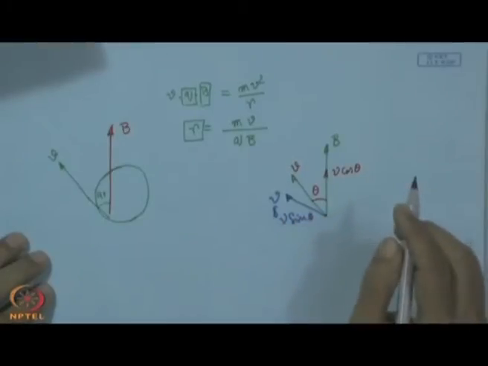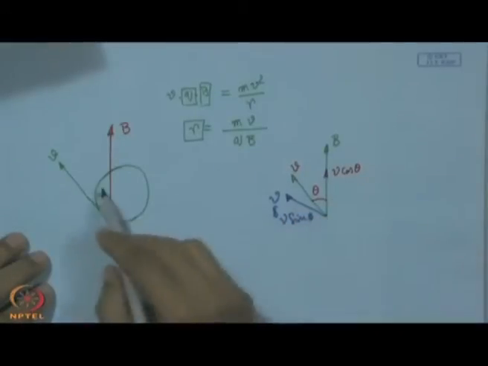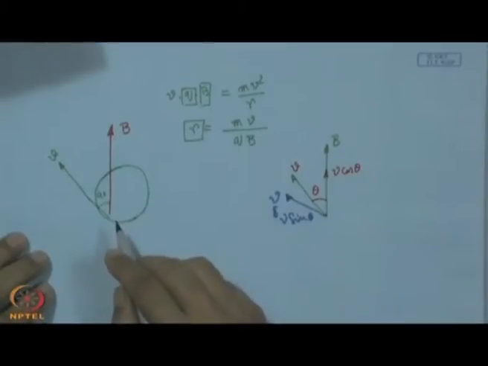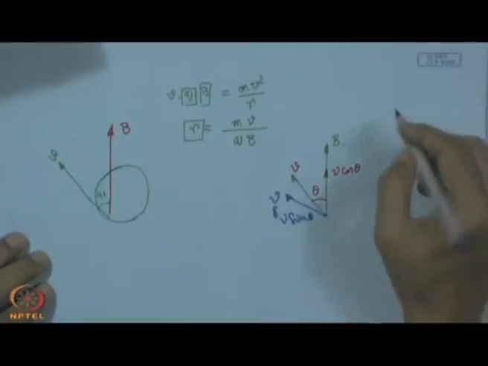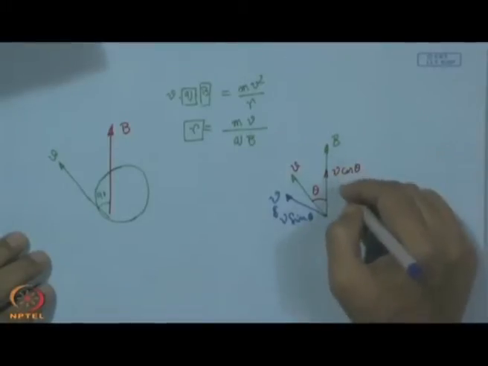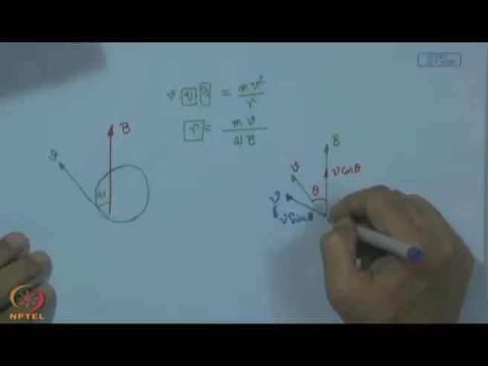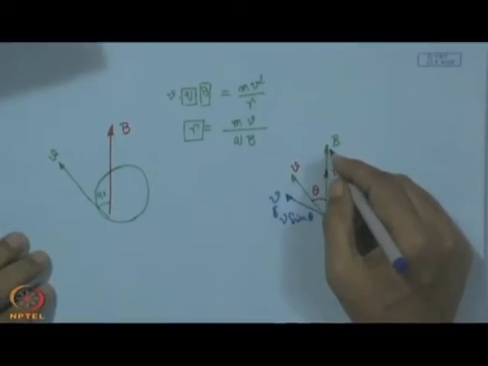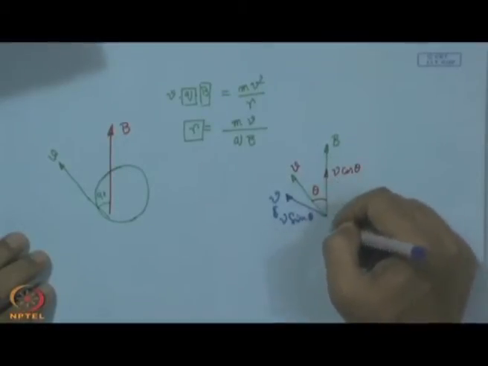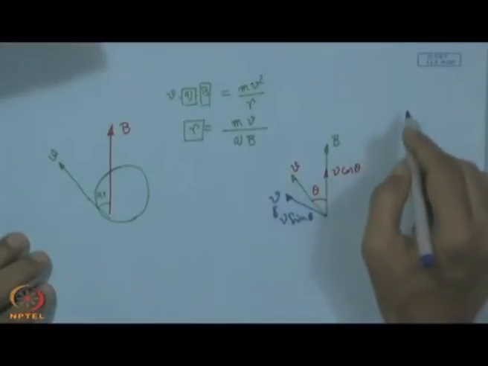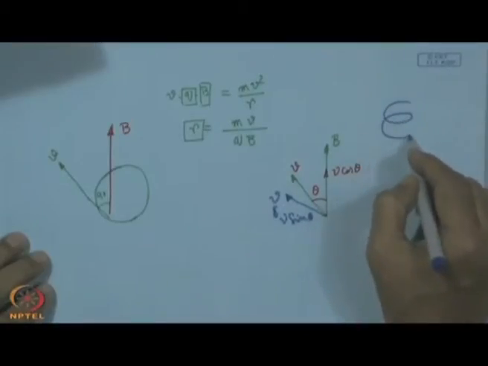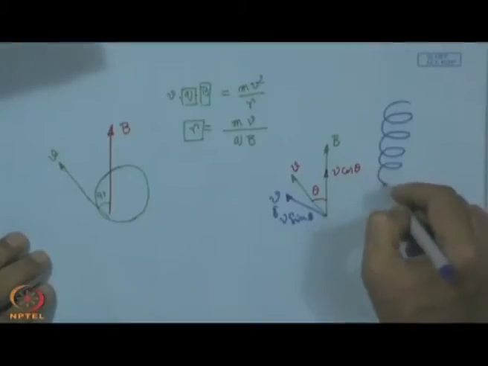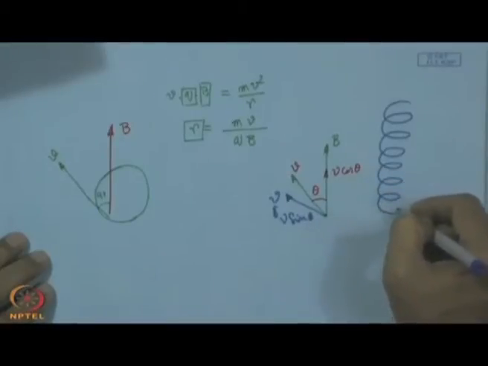In this case, what is going to happen is not just spinning, it will be a helical motion. With this V cos theta it will have a drift motion along the magnetic field, but at the same time it will keep on spinning, and as a result we have a helical motion of this charged particle. It may be an electron.